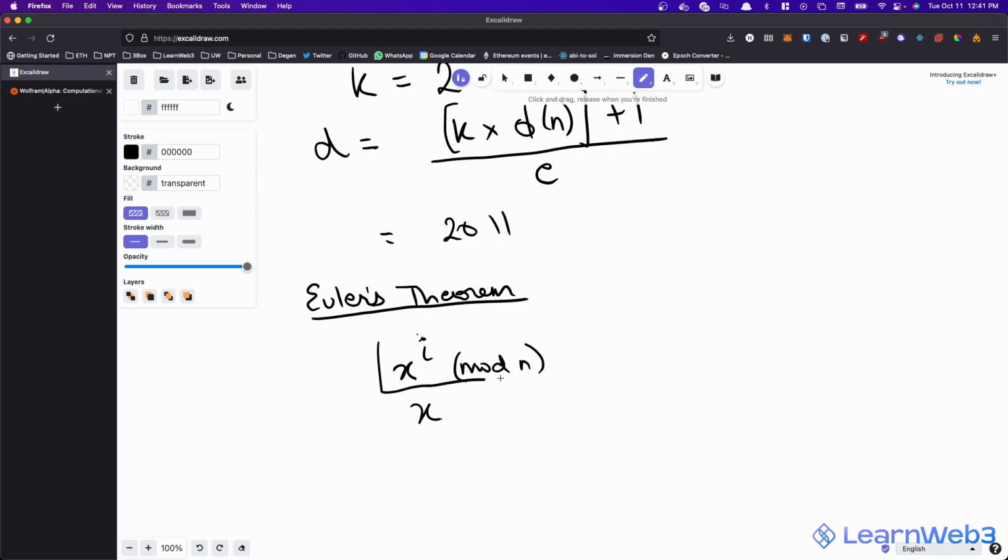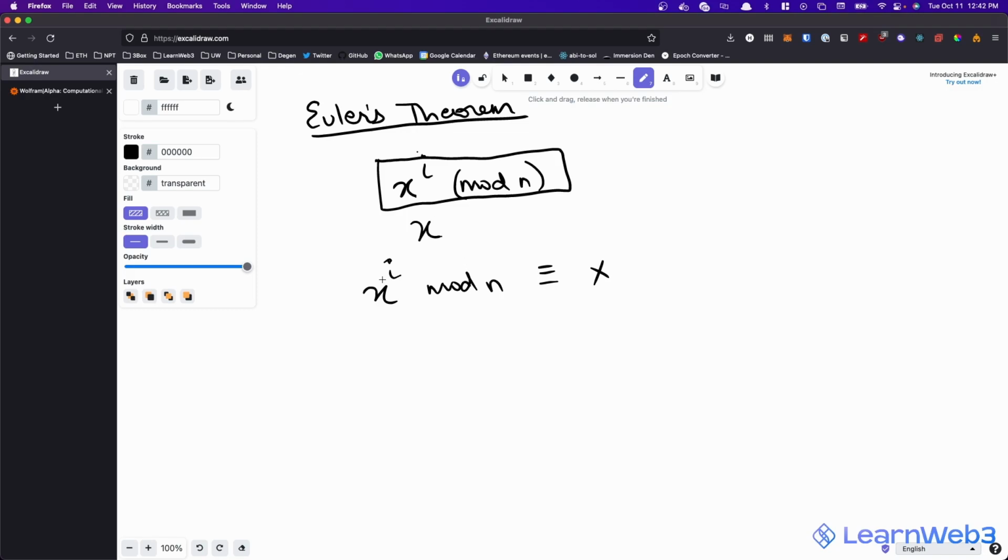As you keep increasing i, eventually you get to congruency where x to the power i mod n is the same thing as x. And this fact is used within RSA to do encryption as well as digital signatures.